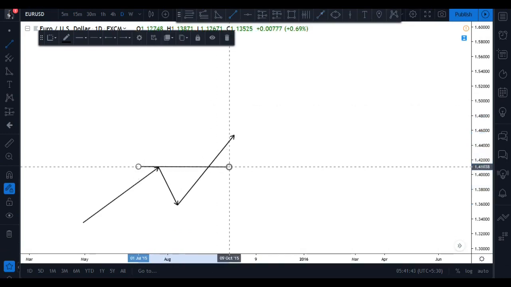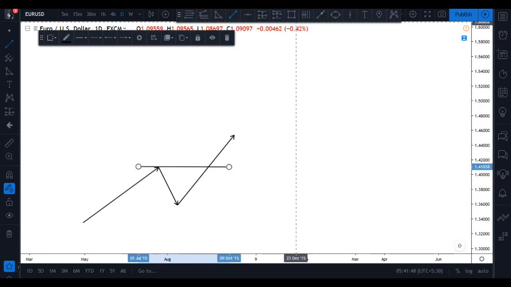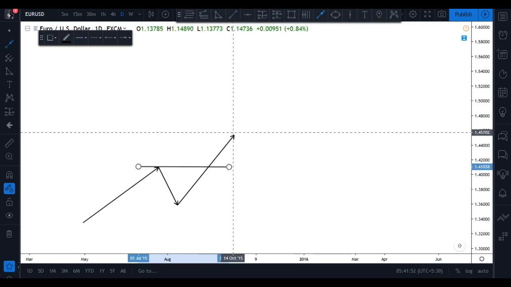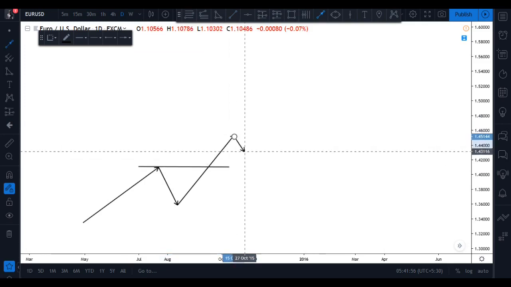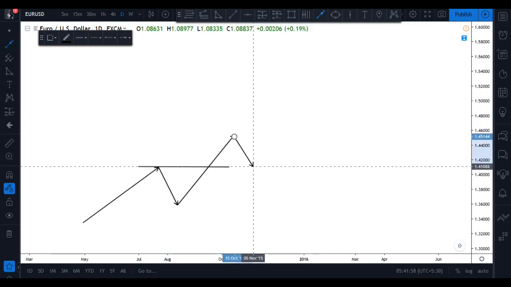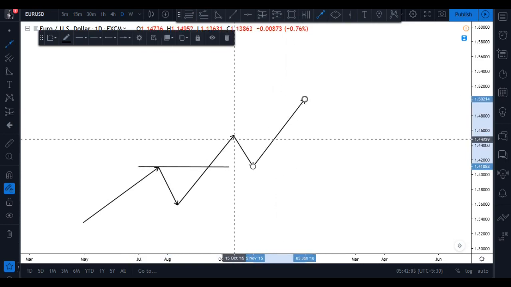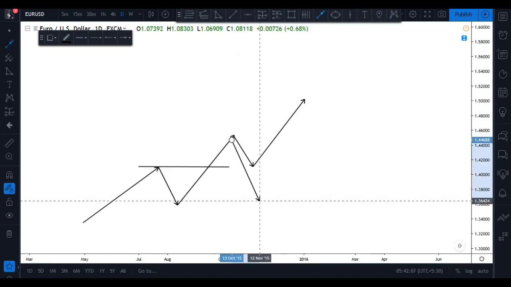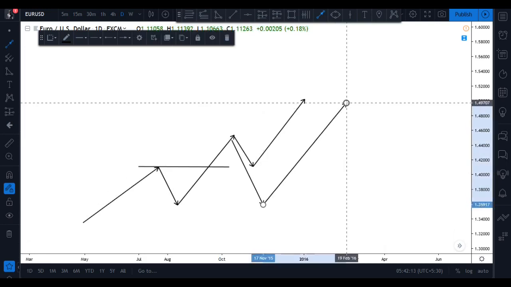And again, if this break is significant, it has moved a lot in price, then most probably the market will come to this structure level, then reverse. If this is not a significant break, then most probably it will come to this structure level and then continue to the upside. Okay, traders.